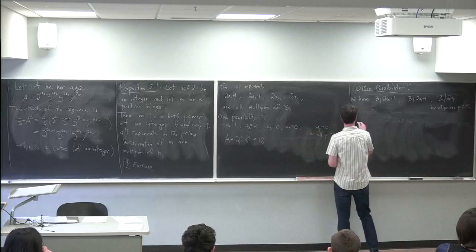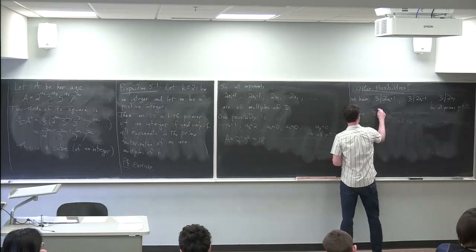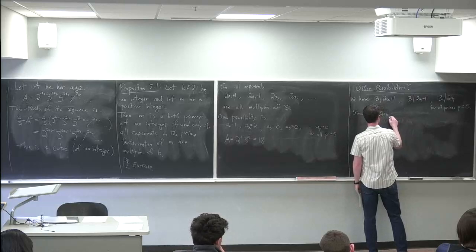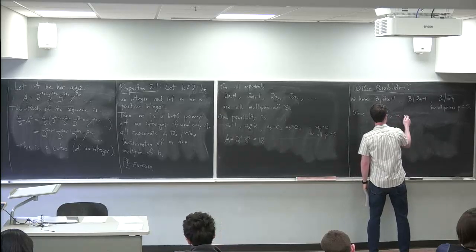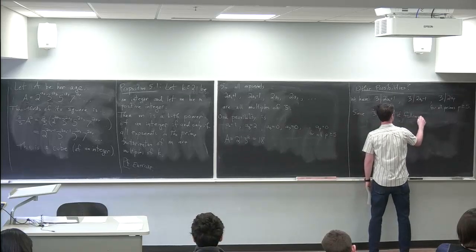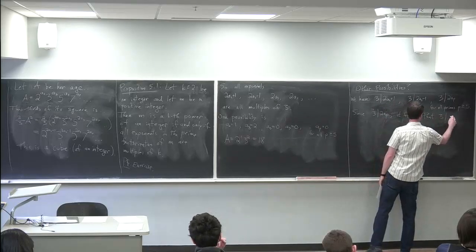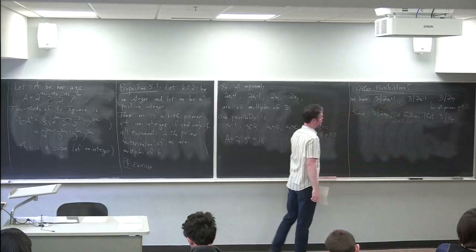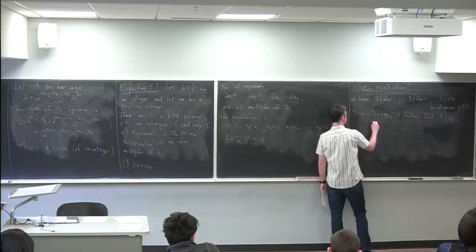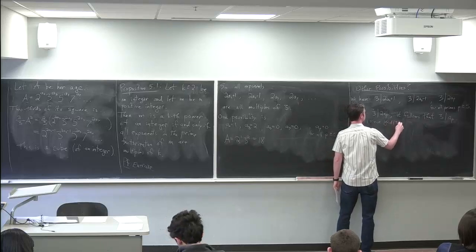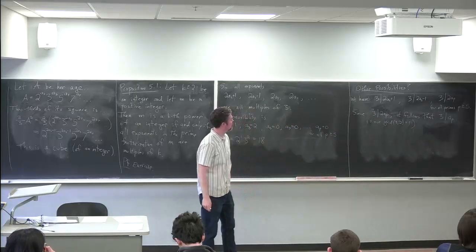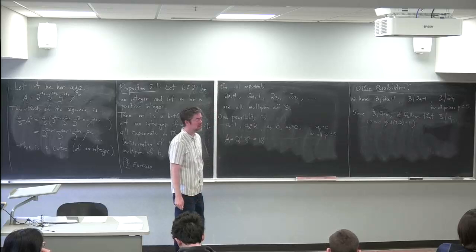So since 3 divides 2 times ap, and 3 divides ap, there are a couple of ways you can reason this out, but let's just point this fact out. 3 divides that product, but it has no factors in common with the factor 2, so it has to divide the other thing.